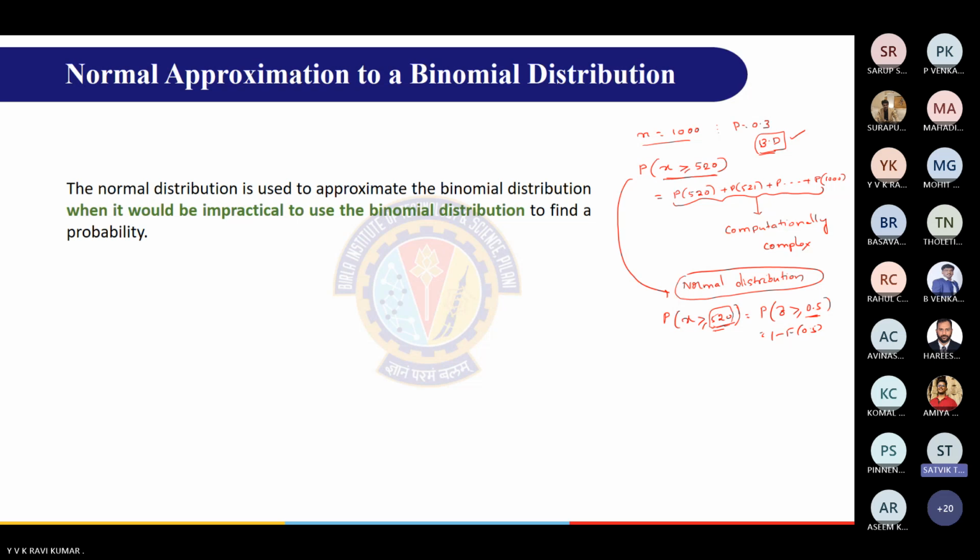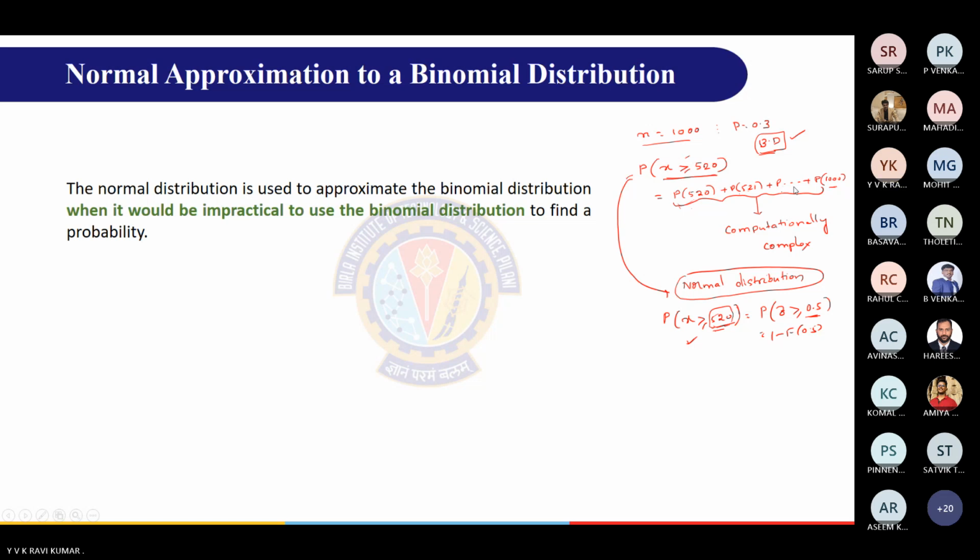Could you repeat the last statement, sir? Now here, P of X greater than or equal to 520. Suppose we consider the binomial distribution. We know how to do it, but these many probabilities we have to find, right? nCx p to the power x, with 520, 521, like this. We have to do it for all of these till 1000 and sum up.